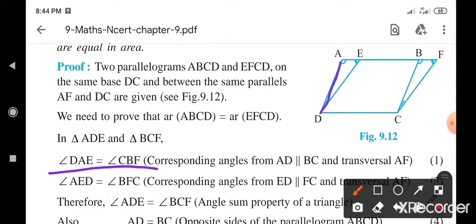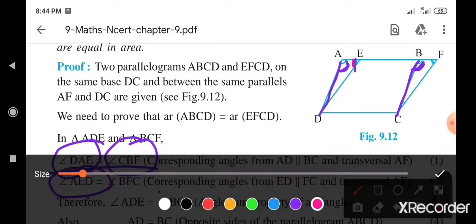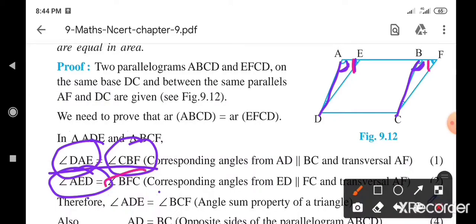Since this is parallel to this, this angle and this angle will be equal to each other because they are corresponding angles. Similarly, in angle AED, this angle and this angle are also equal to each other because they are also corresponding angles.